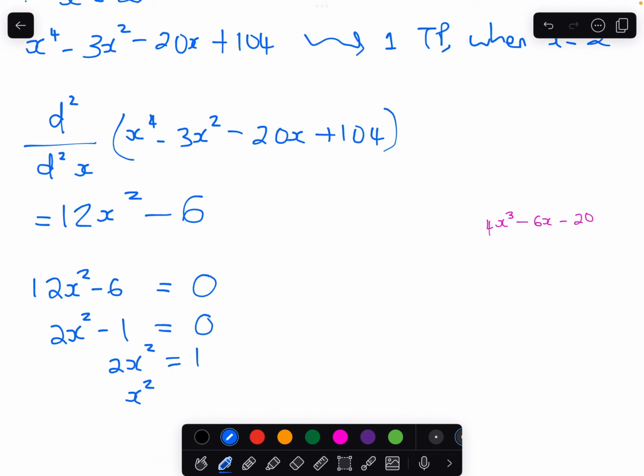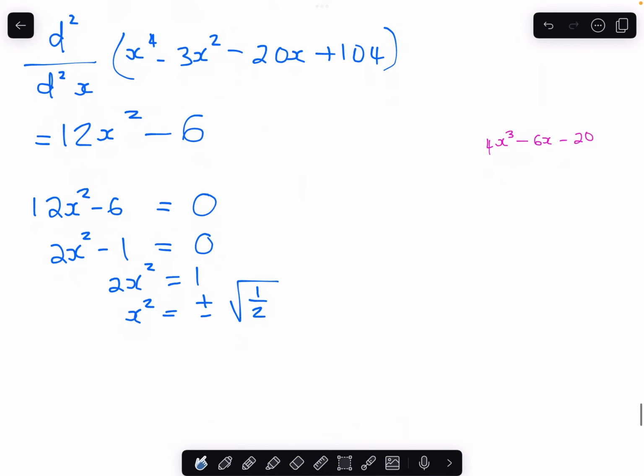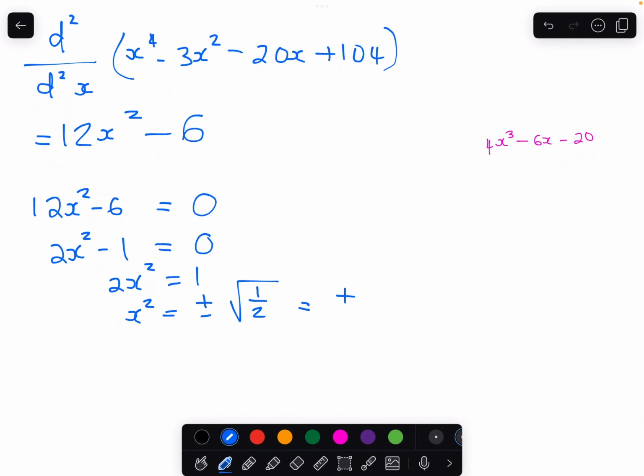So x squared is equal to a half, and x is plus or minus the square root of a half, which we can also write as plus or minus the square root of 1 over the square root of 2. If we rationalize the denominator, we end up with the square root of 2 at the top and a 2 at the bottom.